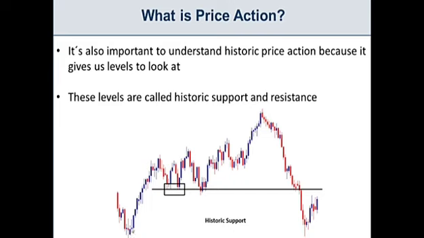Because we have a swing high and then the market corrected before continuing with the up move, giving us a peak here and a test of this level and a rejection of this level, giving us a swing low. Then we have another swing low that tested the same levels as the previous swing low, and then of course we have here another swing low that tests the same levels.